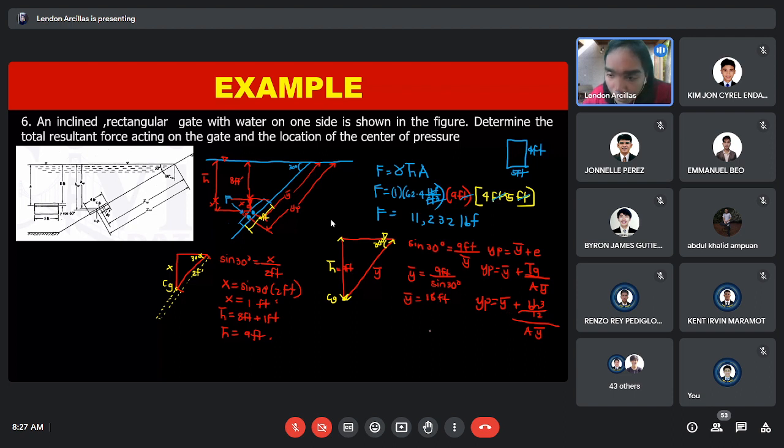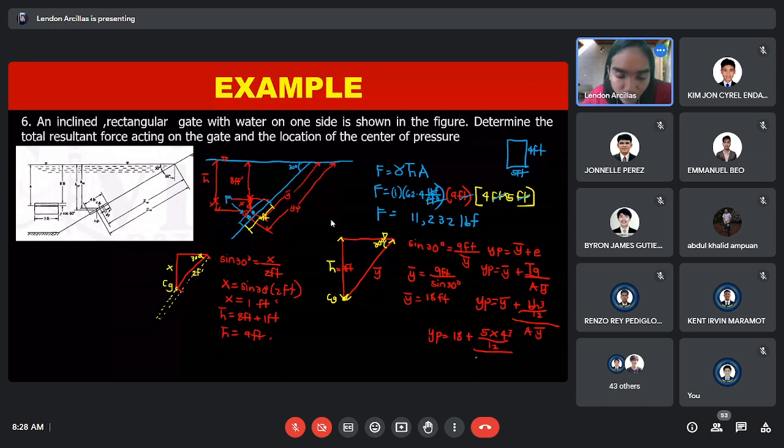Okay, so yp is equal to y bar is 18 plus this one plus bh cube. B is 5 yung base. Ang ating height is 4 cube over 12 all over area, that is area ng rectangle, 5 times 4 times the y bar, which is 18.